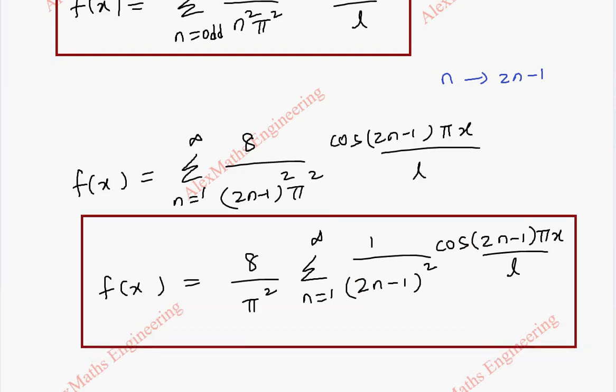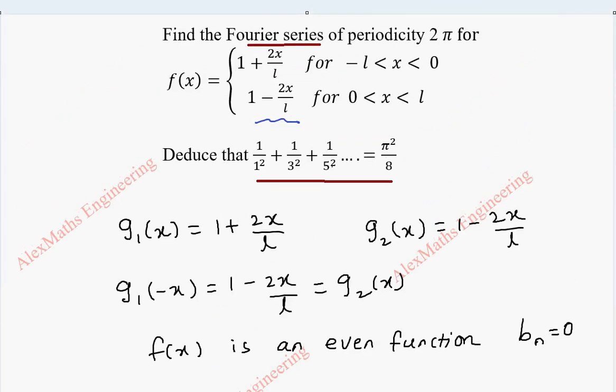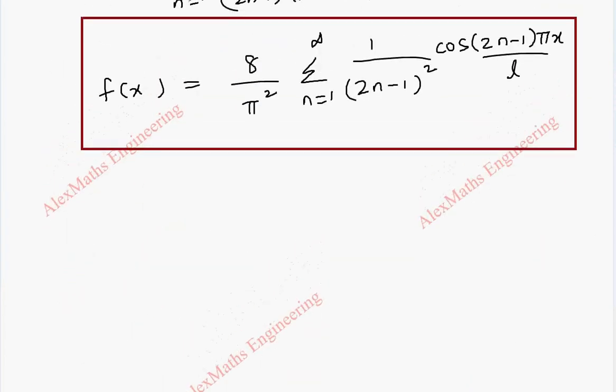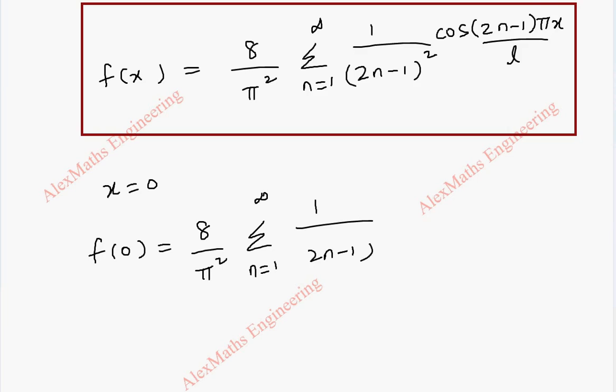Now we also have the second part, that is we have to evaluate 1 by 1 square plus 1 by 3 square plus 1 by 5 square equal to pi square by 8. So for this, let's take x as 0. So we get f of 0 equal to 8 by pi square summation n is equal to 1 to infinity 1 by 2n minus 1 whole square, and cos 0 is 1.